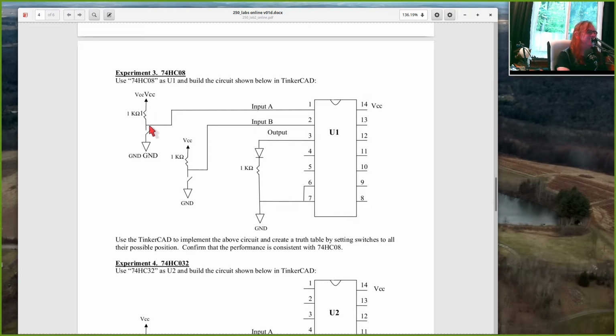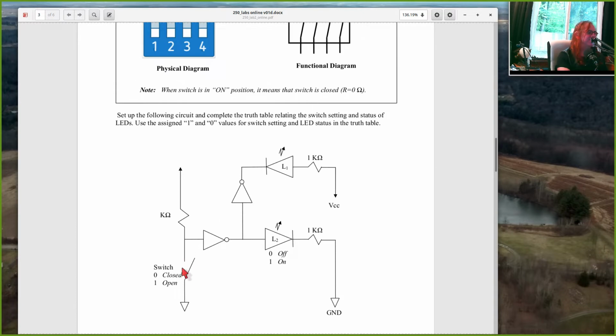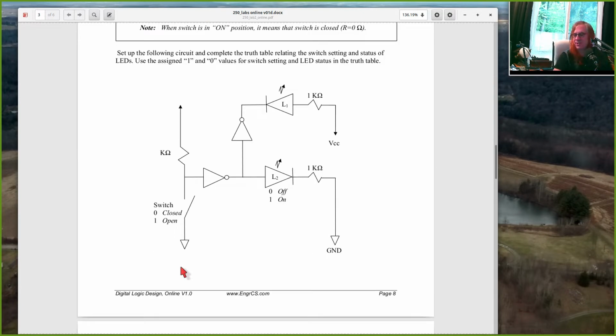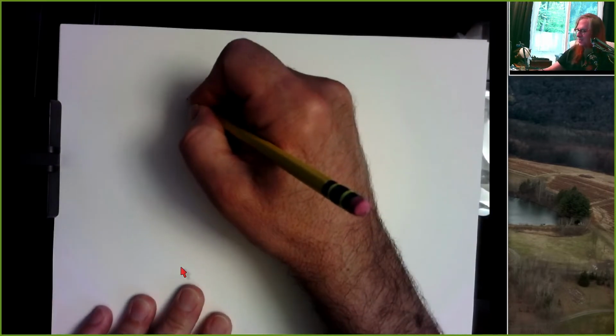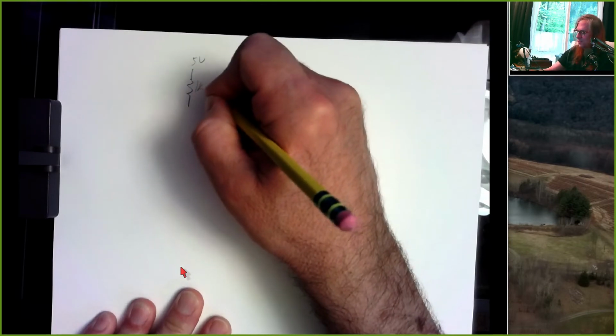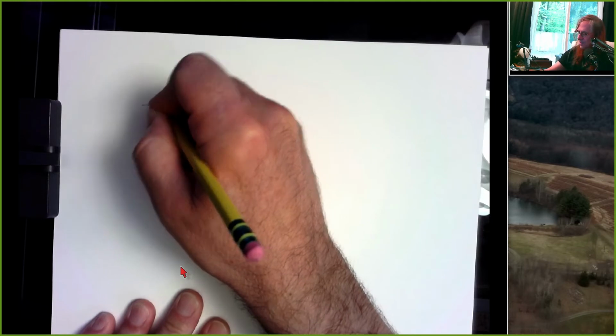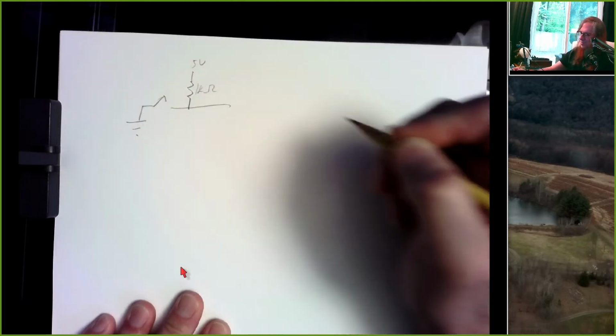So input A, right, this is a switch. It's like these switches here. This is the switch we're pretty much going to use for every experiment in this class, and probably every experiment we do in Engineering 270. And the standard way to wire this switch, we have a 1K pull-up resistor, and then we have a switch which can pull down to ground.